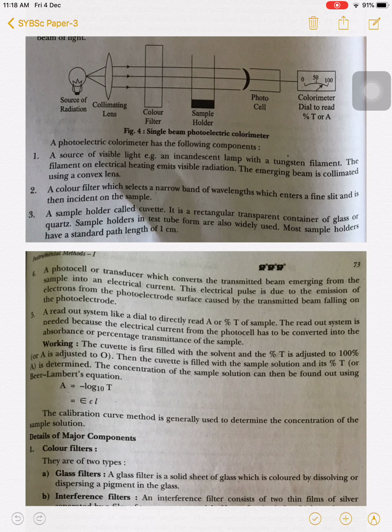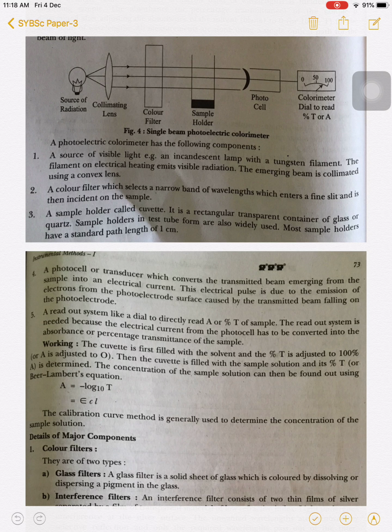The calibration curve method is generally used to determine the concentration of the sample solution. By use of this calibration curve method, we can easily determine the concentration of the sample solution. So this is the simple single beam colorimeter.